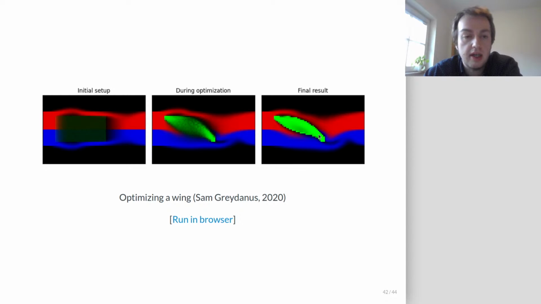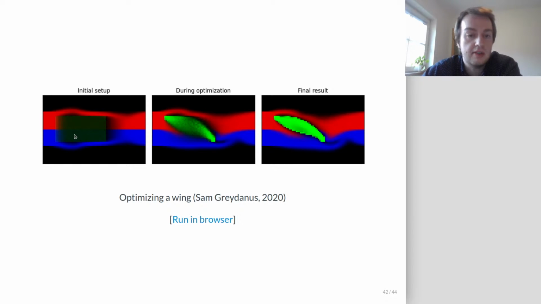The way he did that is by first writing a simulator for a wind tunnel, implementing fluid dynamics, in which he put some obstacle, for example initially a rectangle like this.